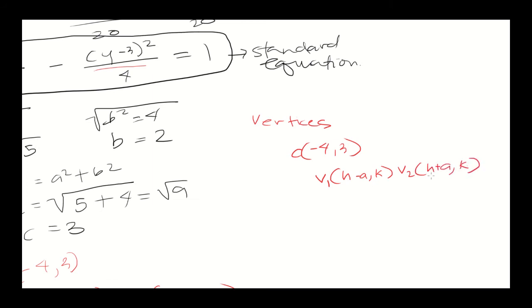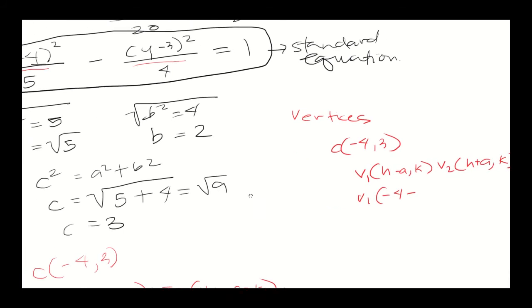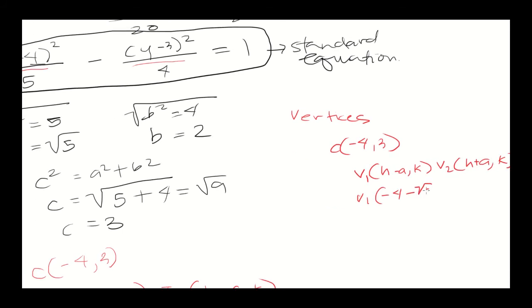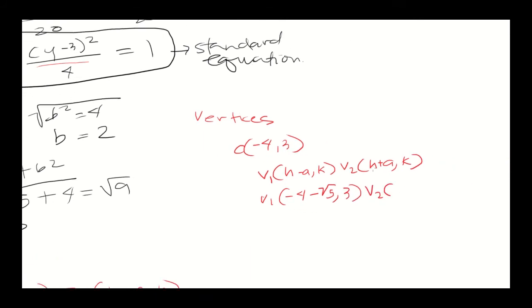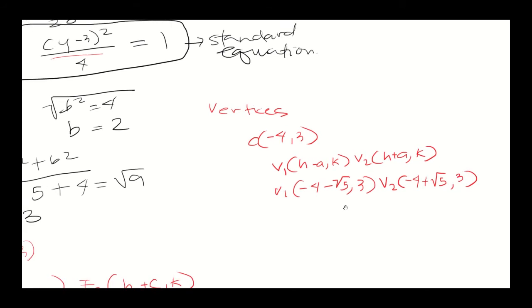This is only good for an x major axis. So V1 is negative 4 minus the square root of 5, and k is 3. V2 is negative 4 plus the square root of 5, and k is 3.